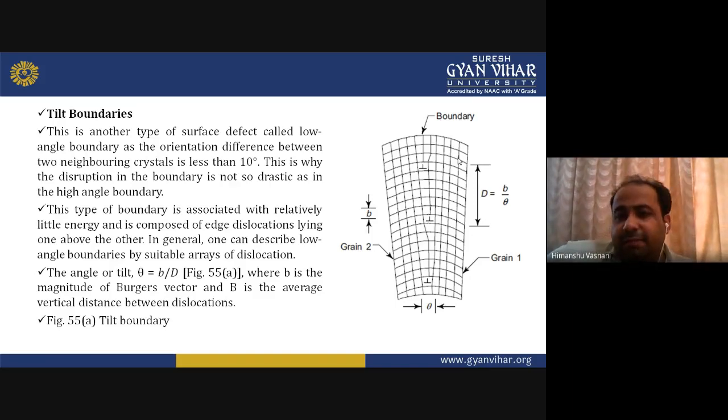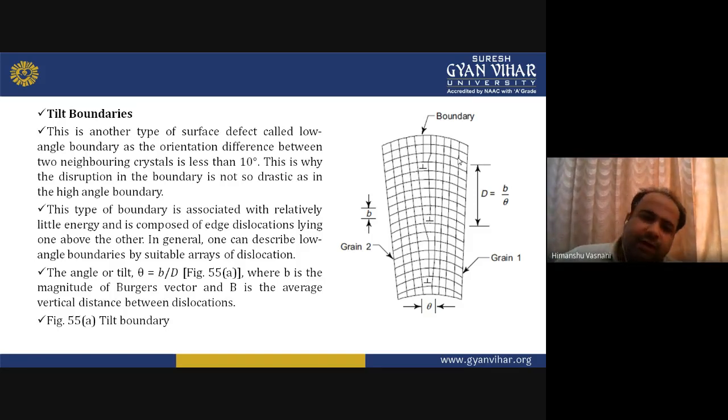The tilt may be of some degrees, maybe 5 to 10 degrees, whatever is the disruption seen in the boundary. The dislocation may be a single dislocation or an array of dislocations, which can be well shown with the help of Burgers vectors.